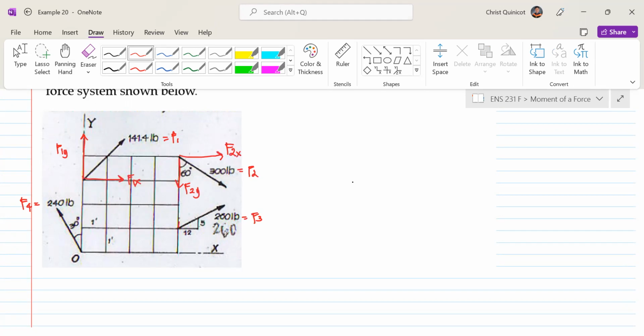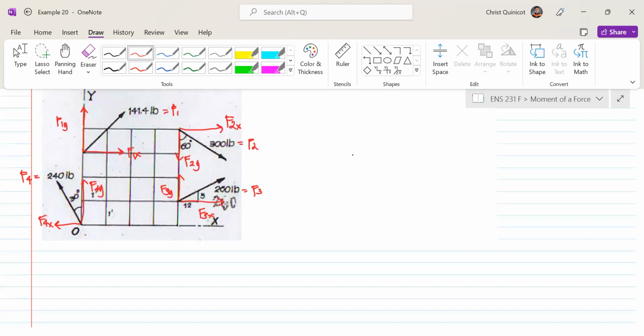We have F sub 3y going up. And F sub 3x is going to the right. And we have F sub 4y going up. And F sub 4x is going to the left.